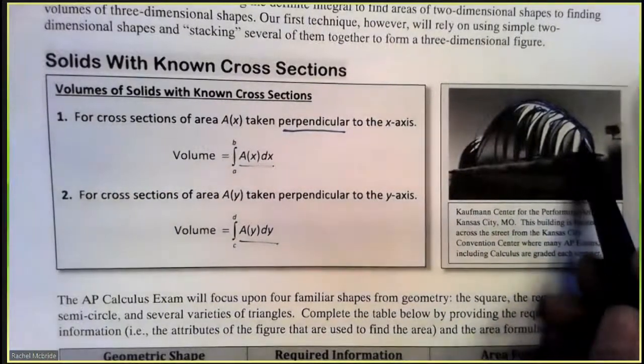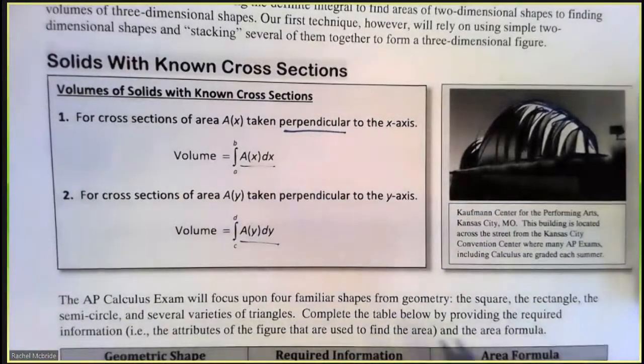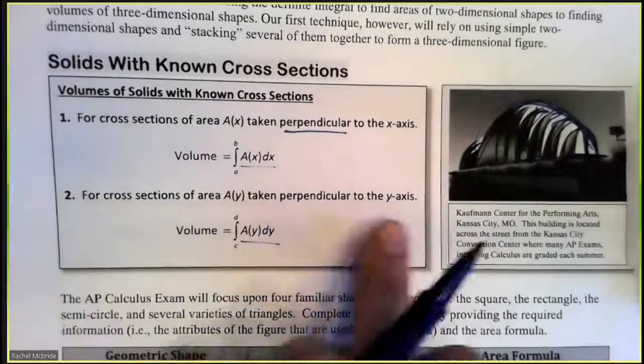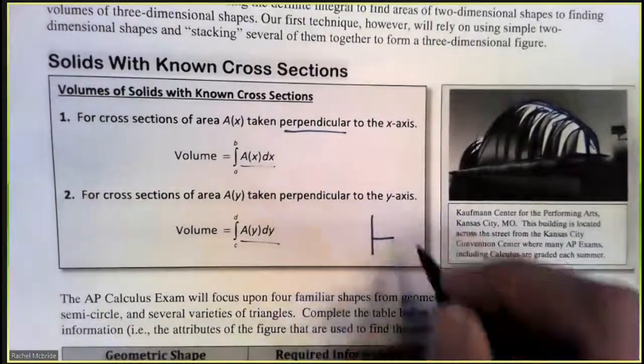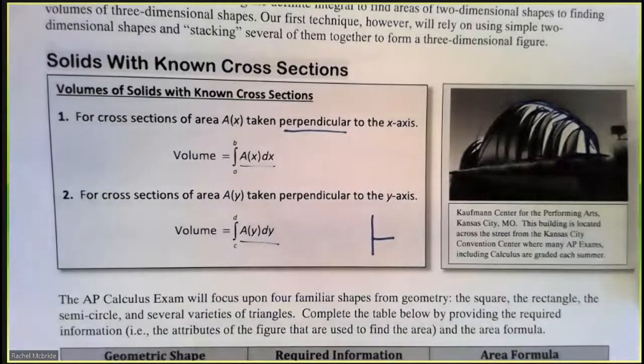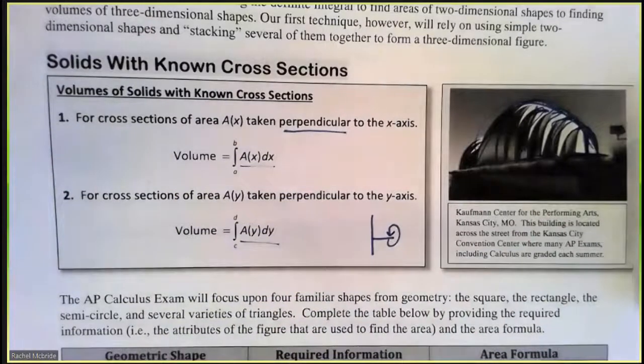So here is our radius. Our radius is perpendicular to the x-axis. If I were going to use this aspect here, then my radius would be perpendicular to my y-axis. And the rotation would be with respect to the x-axis.